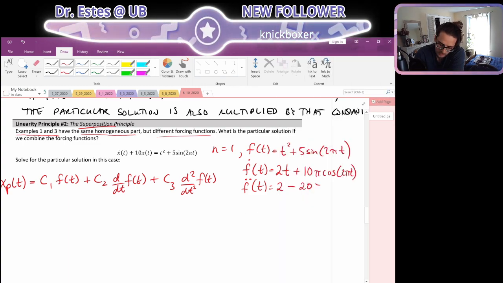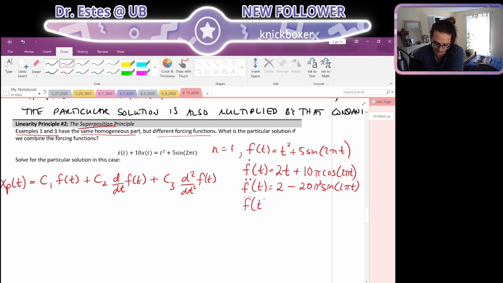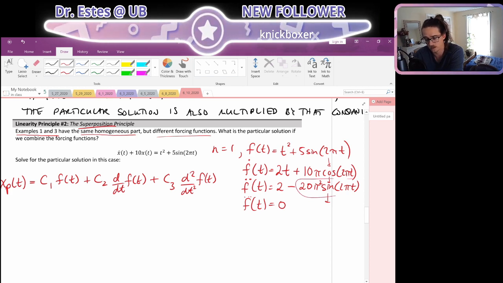Oh goodness, I keep opening that menu. And we don't need to go any further than this, because if I take the third time derivative, I'm just going to get a 0 here. And you can see with this sine cosine thing, by the time we got to the second derivative, we were already starting to get the same function back.